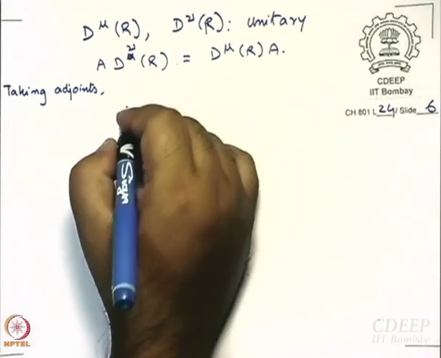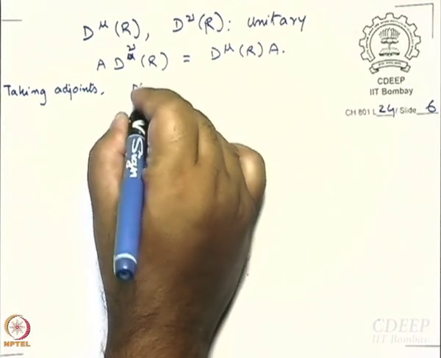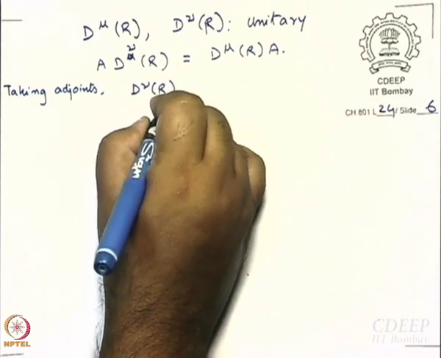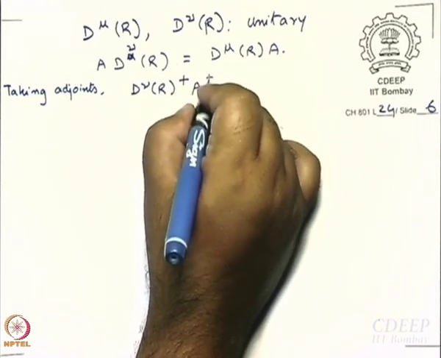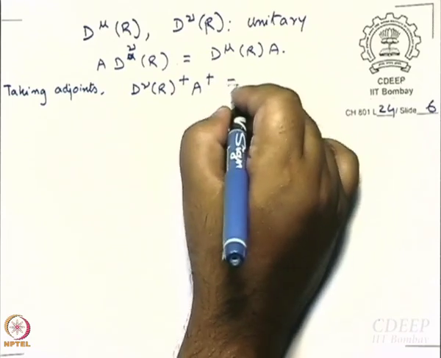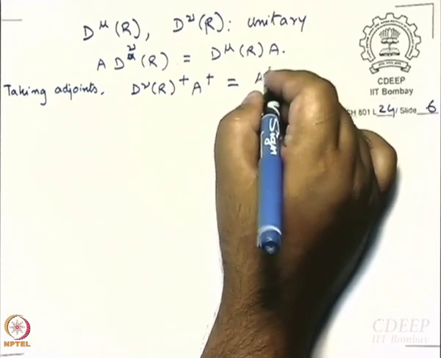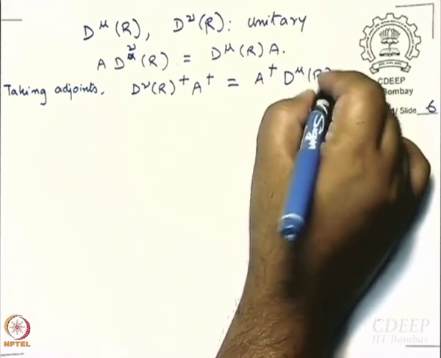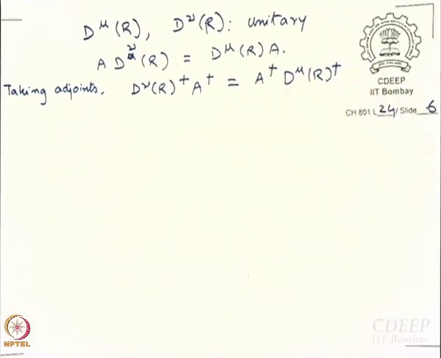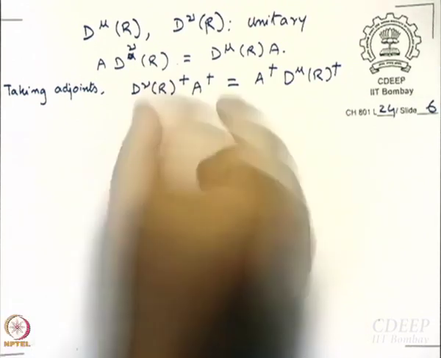I can write d nu r adjoint A adjoint is equal to A adjoint d mu r adjoint. I think we had encountered this earlier just before midsem when we did that unitary transformation discussion, isn't it? You take an adjoint of the products, they get interchanged.